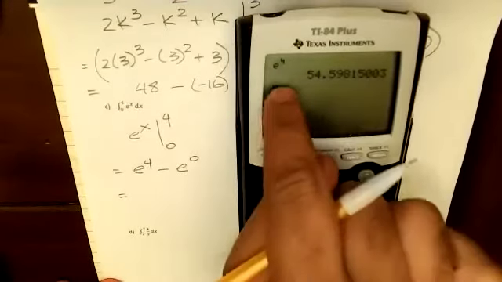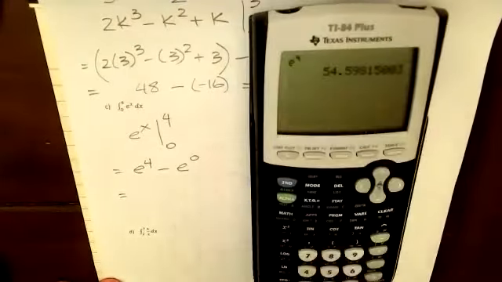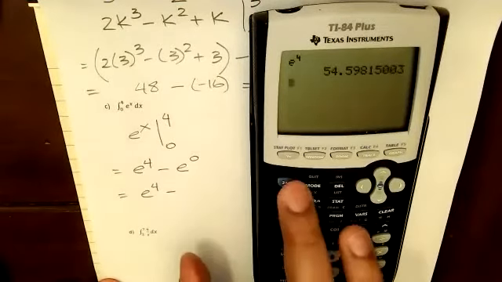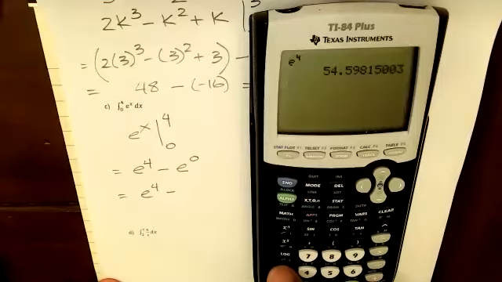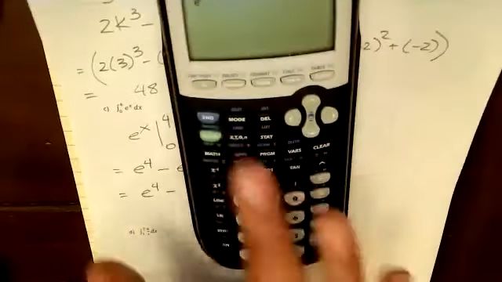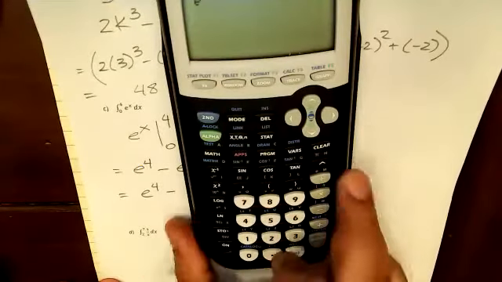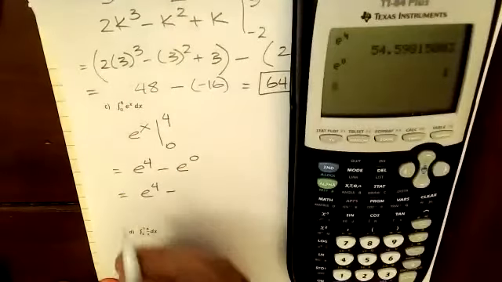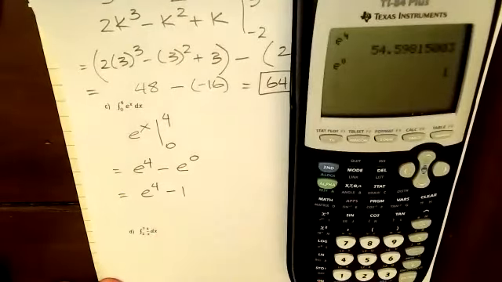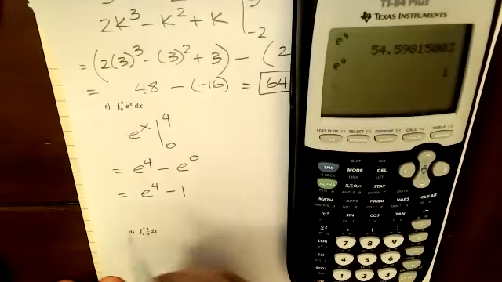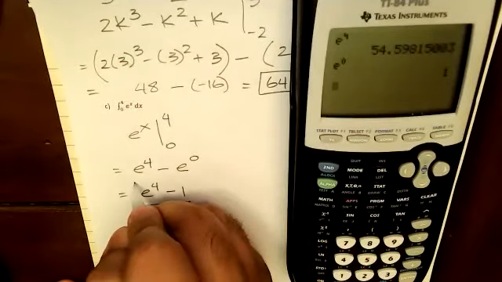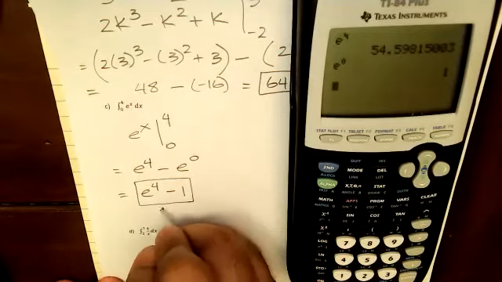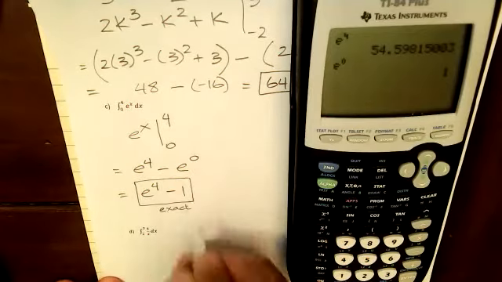So the exact value in this case would just be leaving it as e to the power of 4, okay? And then if I do e to the power of 0, so to get e, you have to push second and then ln, okay, and then 0. That one is equal to 1. So I'm going to get e to the 4 minus 1. Okay, so I'm going to leave this. I'm going to box this like that. That's going to be my answer in this case, and this is the exact answer.